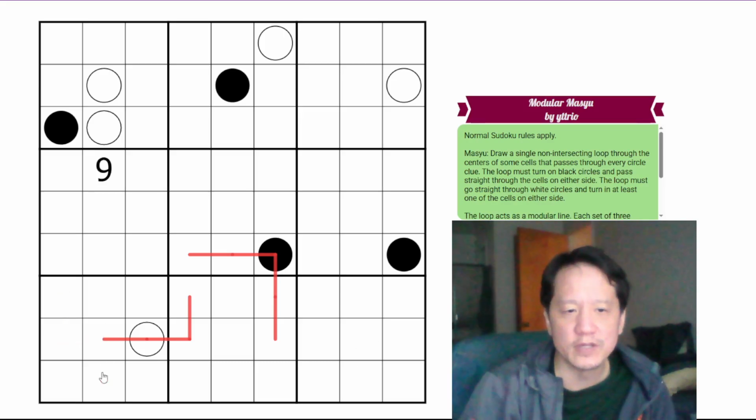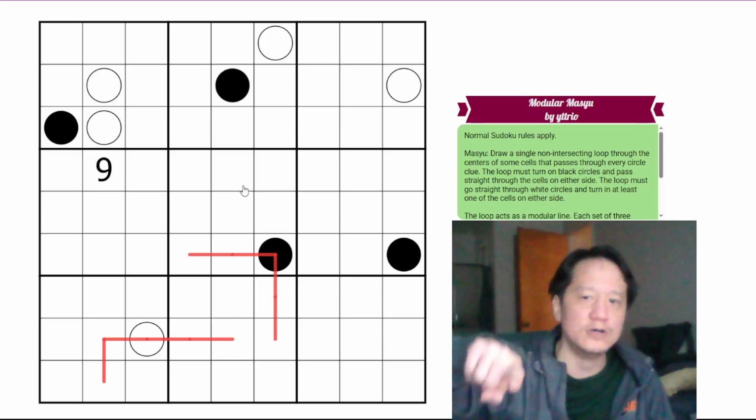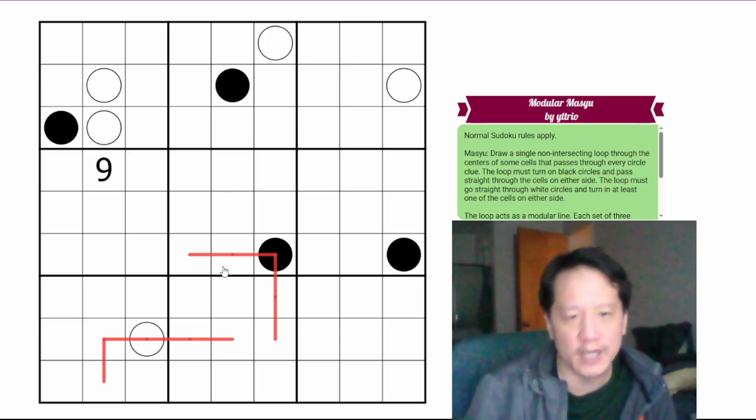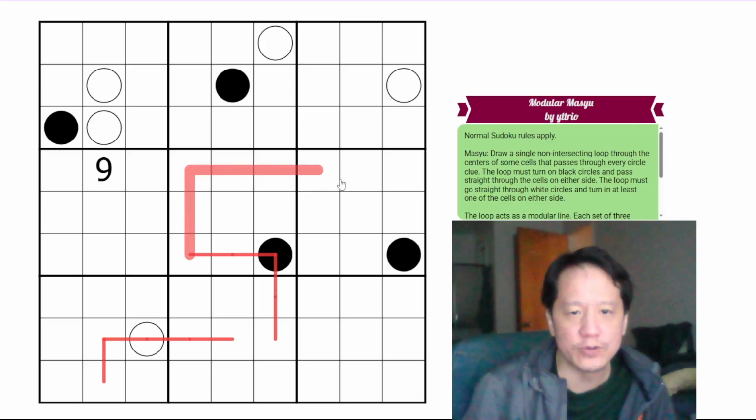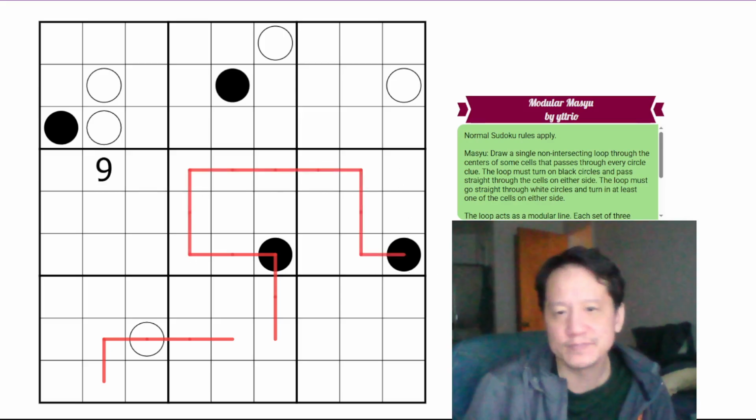Or it could do something like this. Or this. I think that's how it works. And those are examples of how Masyu works. And again, it has to form a single non-intersecting loop, so it cannot cross itself. So it would have to go through every circle, right?